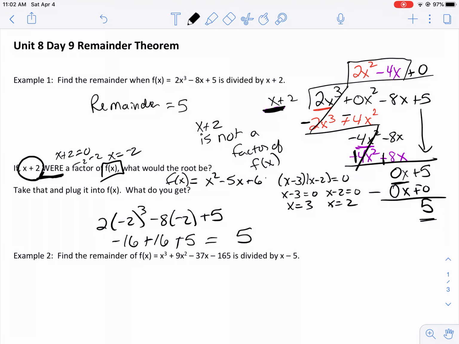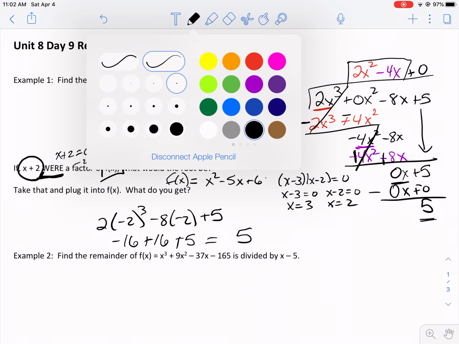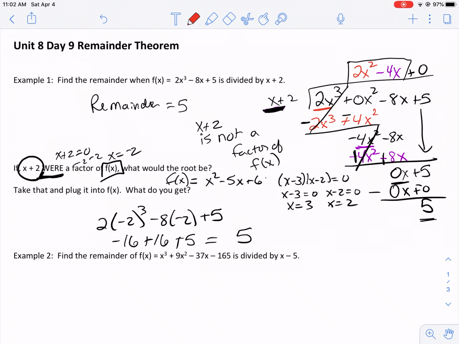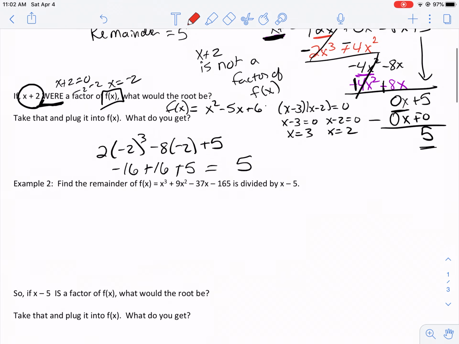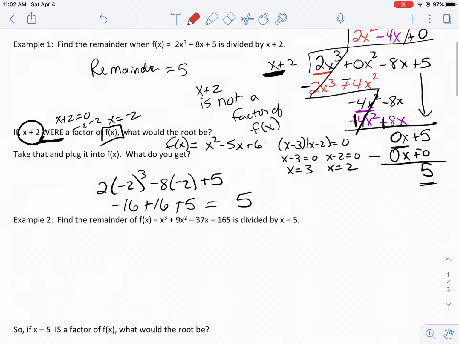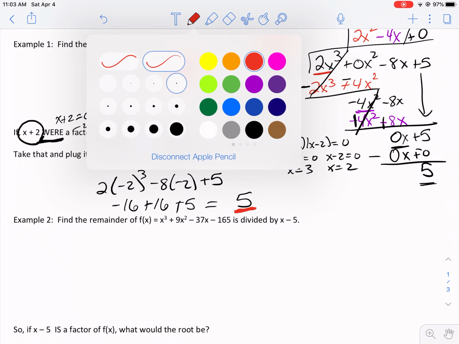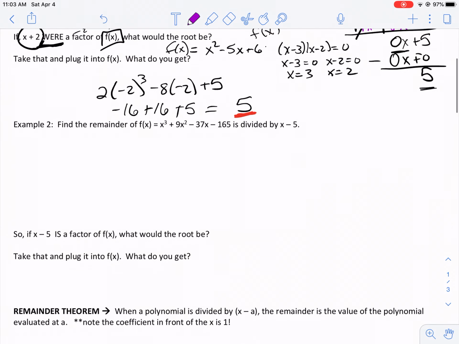So this leads to something called the remainder theorem, which is coming up, but we're going to do one more example first. But do you notice that when I did long division, I got a 5. When I plugged in a negative 2, which is the opposite of this plus 2 in my divisor, I got the same remainder as when I actually did the division. That's going to come in handy in a couple minutes.